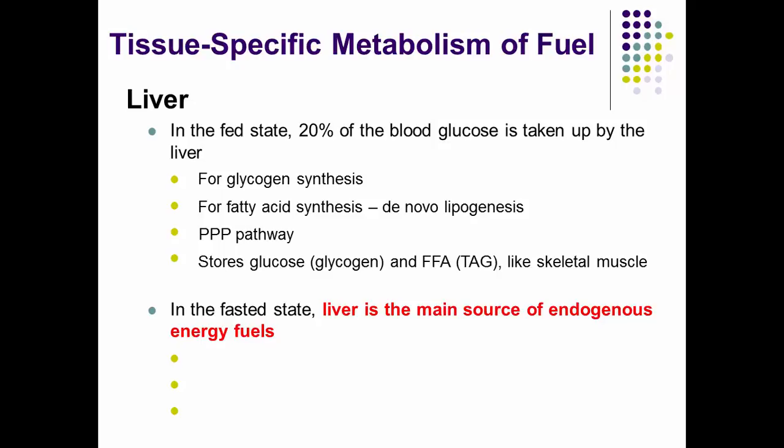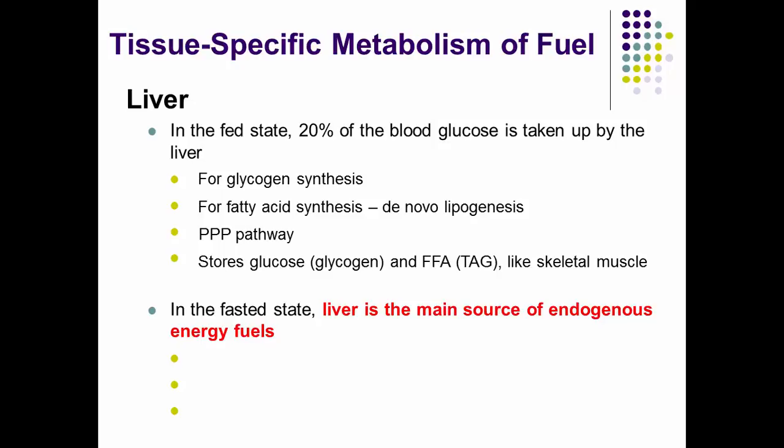In the liver, again, the liver is able to store triglyceride, also a very small amount compared to adipose tissue. But under disease conditions, for example obesity or diabetes, the liver stores a lot of triglyceride, causing fatty liver disease, right?